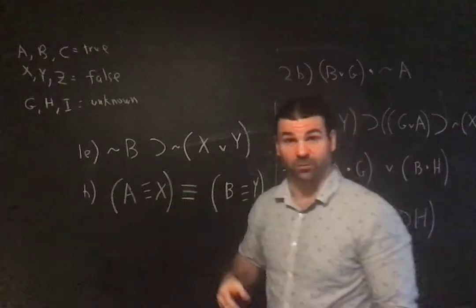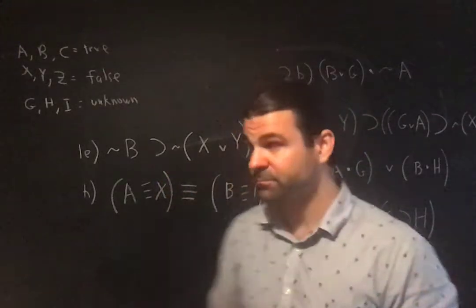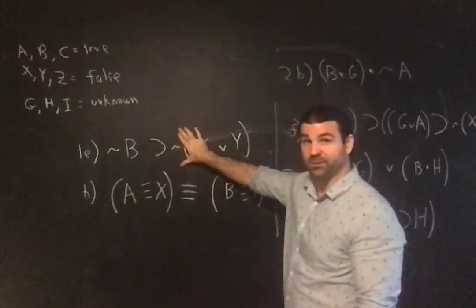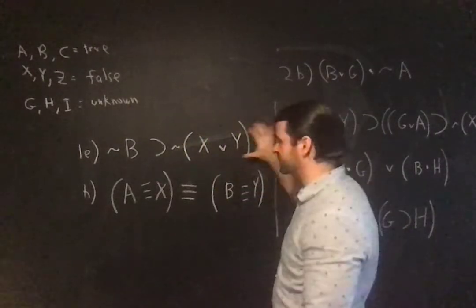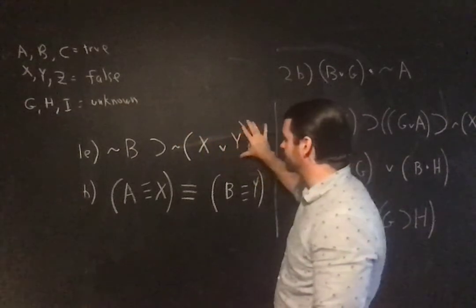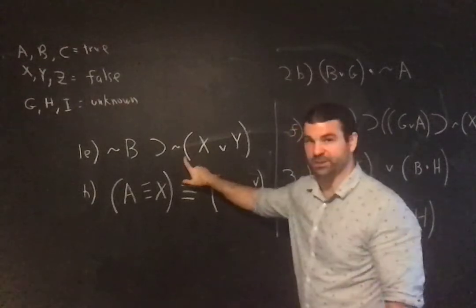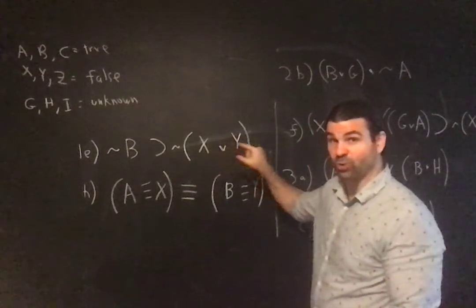But then what is the legal formula? Whenever you see the negation sign, the question comes up, what is the formula that I'm negating? It's the first legal formula that you come across when you put your hand over here. So open brackets means not till I have a closed brackets do I have a legal formula. So this isn't negation of X, this is the negation of X or Y.